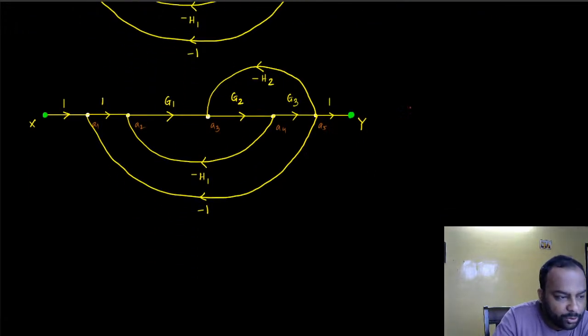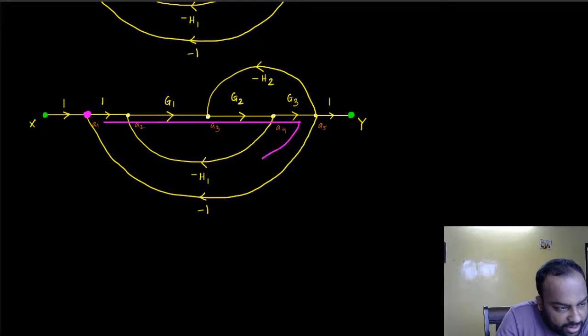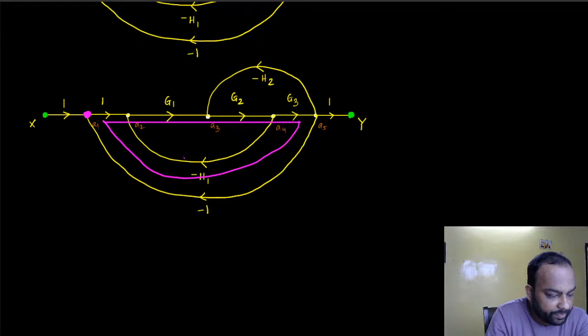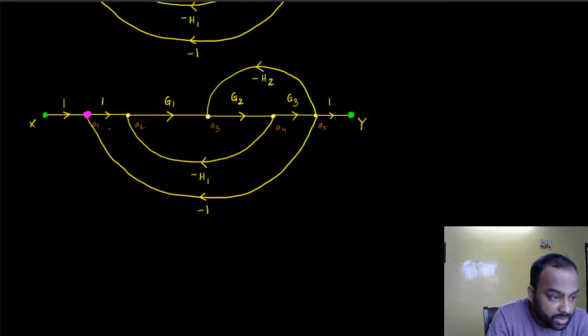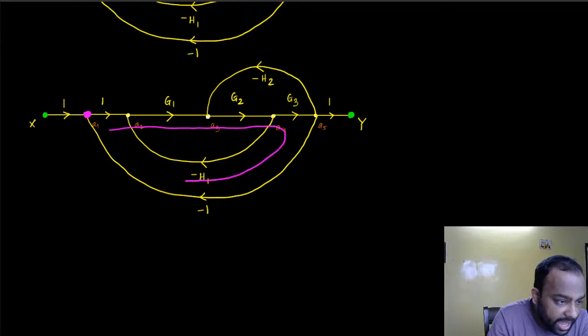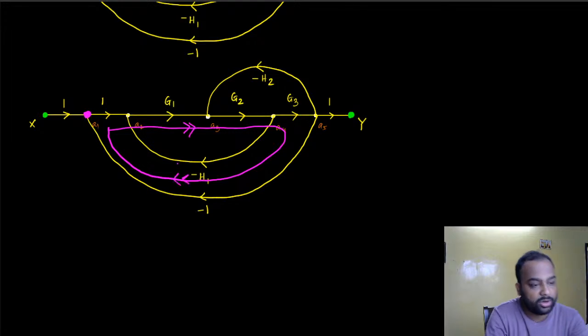What are the loops that you can see? If I start from this node, for example, I can proceed in this direction, go through the entire thing and come back to this. Look very carefully.